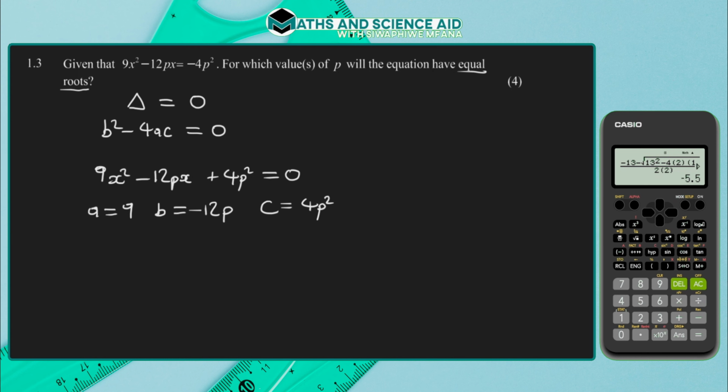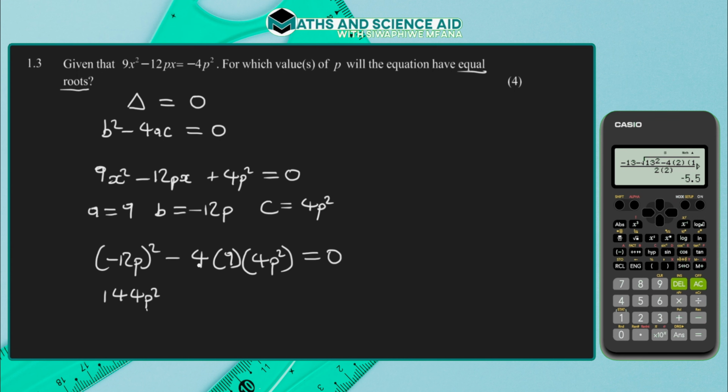So we are going to have negative 12p all to the power of 2 minus 4 into a, which is 9, multiplied by c, which is equal to 4p squared. All of this equal to 0. And now what is negative 12p squared? Well, that is going to give us 144p squared.